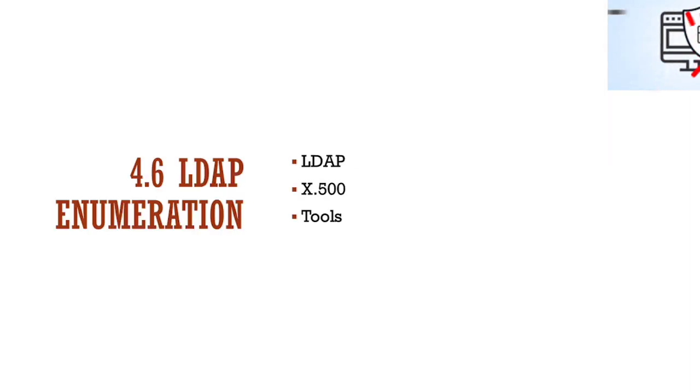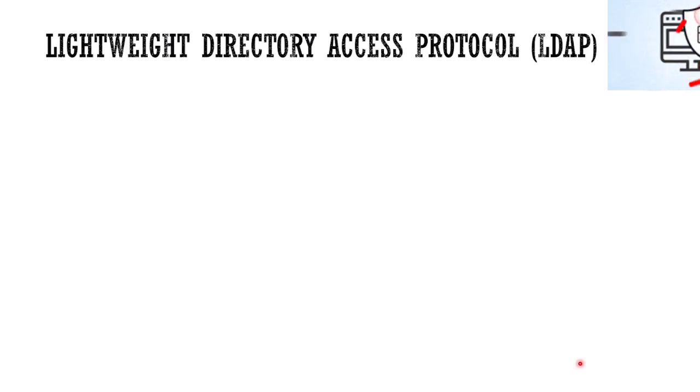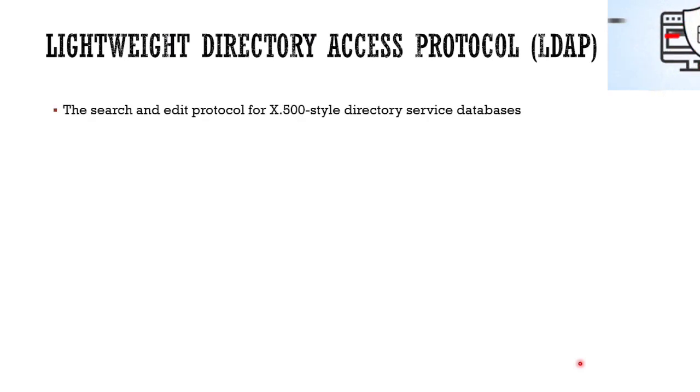Now let's talk about using LDAP to enumerate, the Lightweight Directory Access Protocol. This is the search and edit protocol for an X500 style directory service. What that means is, if you have Microsoft Active Directory, I can use LDAP to query it.